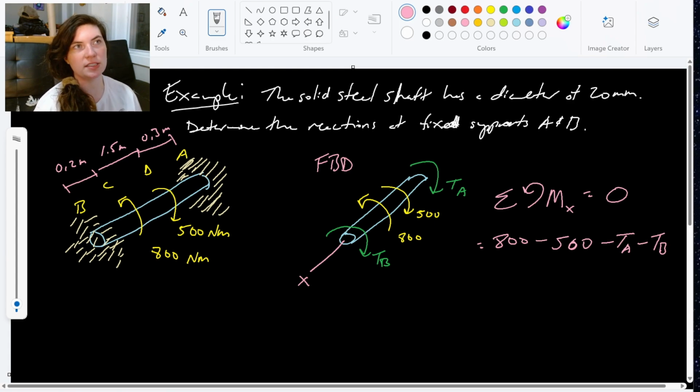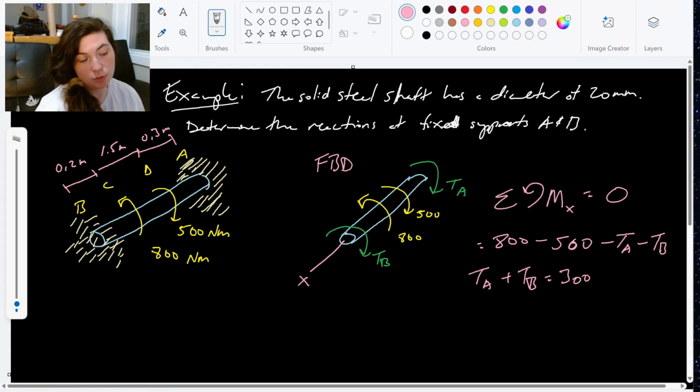That's just positive and negative convention for clockwise versus counterclockwise. So if we want, we could write this out as TA plus TB equals 300, if you wanted to simplify it. But that's our first step: that free body diagram and writing out our equilibrium equation, our moment equation for all of these torques.